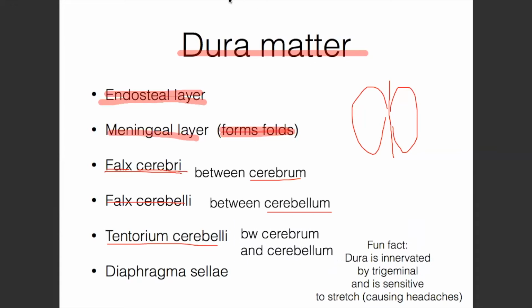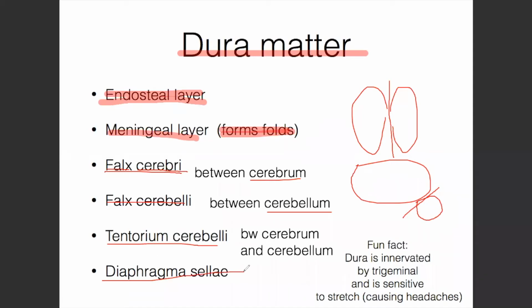So in the posterior aspect of the brain, we have the cerebrum, the brain, and under it there's the cerebellum here, right? So the tentorium cerebelli is here. So it's found between the cerebrum and cerebellum, or on the top of the cerebellum. So it's on the superior surface of the cerebellum or between the cerebellum and the cerebrum.